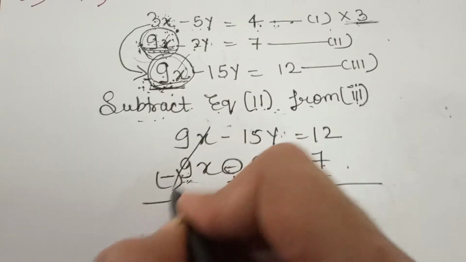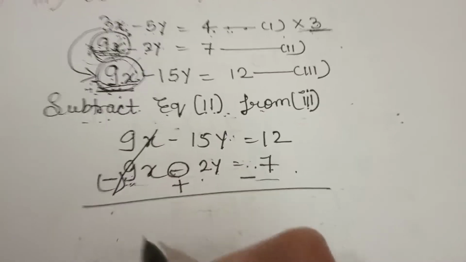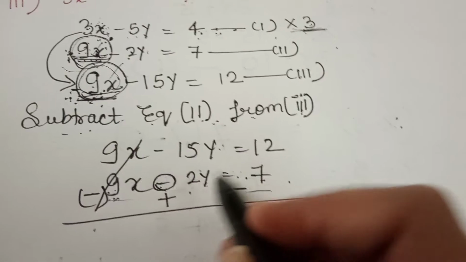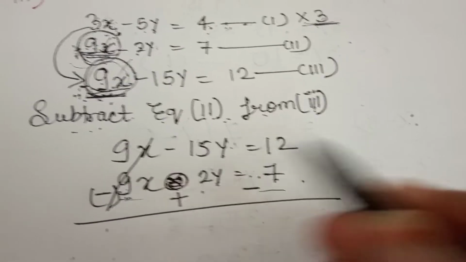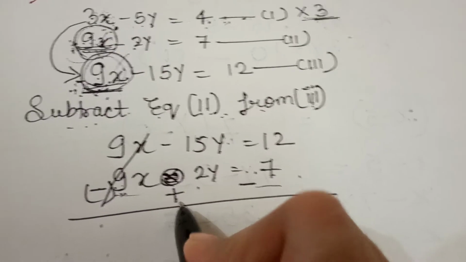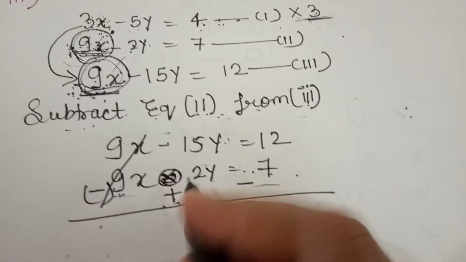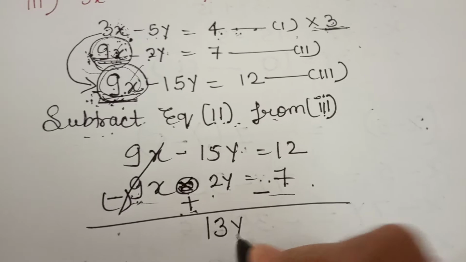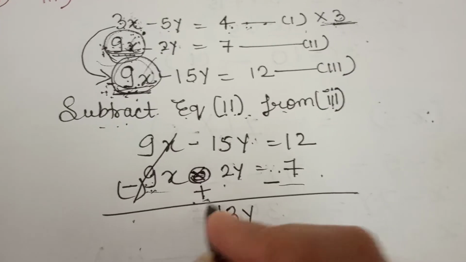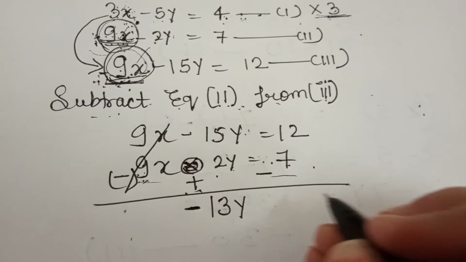ठीक है, तो ये एलिमिनेट हो गया. 9x minus 9x कितना होता है? 0. Now you just cross this sign. Now the sign is plus, so minus plus minus होता है, and 15 minus 2 कितना हो गया? 13y. But because 15y is greater, it will be minus 13y.